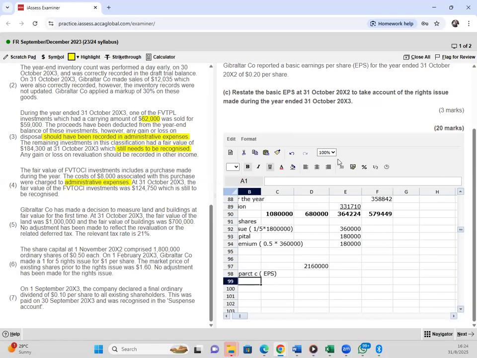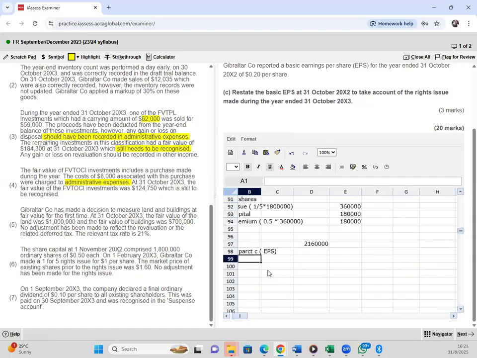So if you are restating the basic EPS, the restated EPS is equal to the earnings per share for the previous period times the bonus fraction.